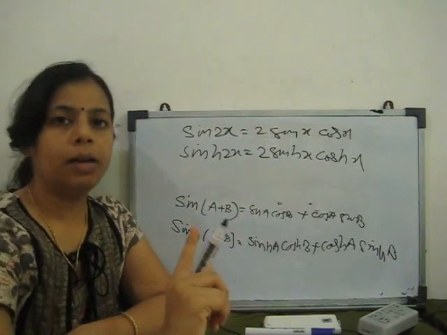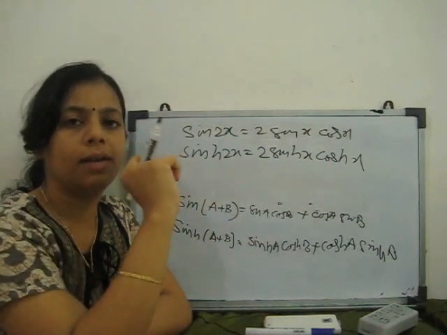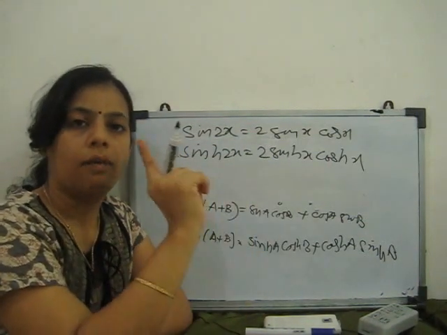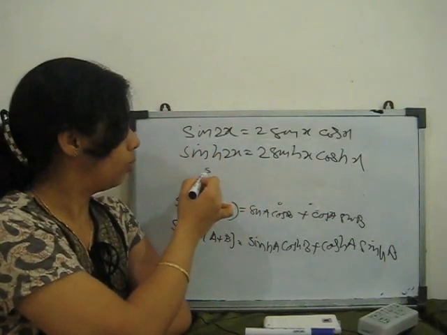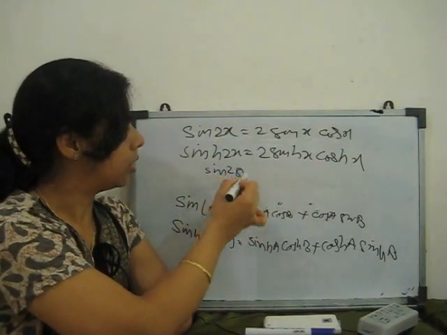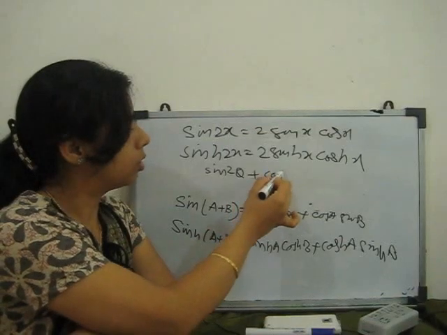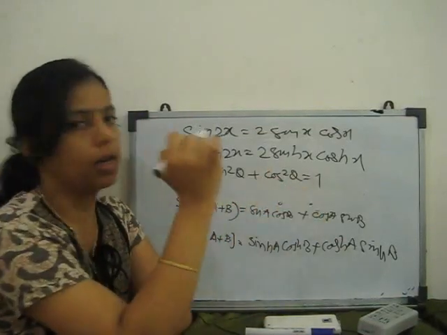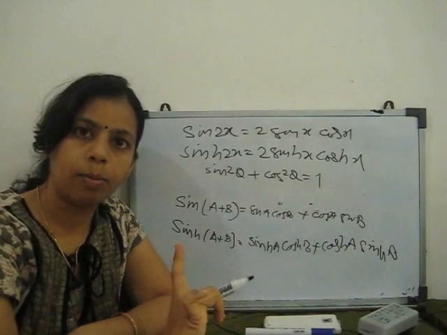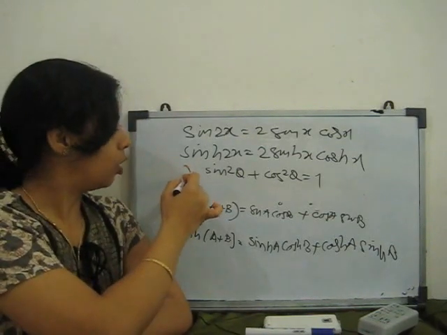Similarly, one major difference: a very important result in trigonometry is sin square theta plus cos square theta is equal to 1. But in the hyperbolic case, this is not true.